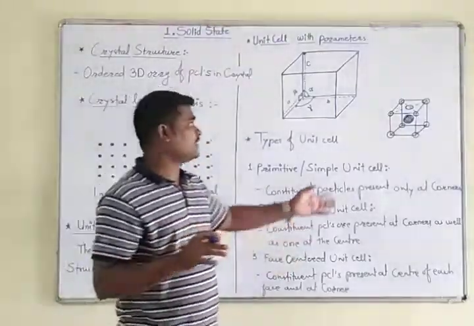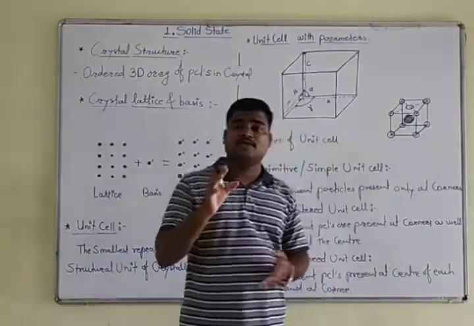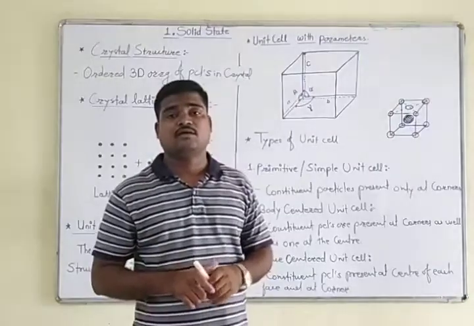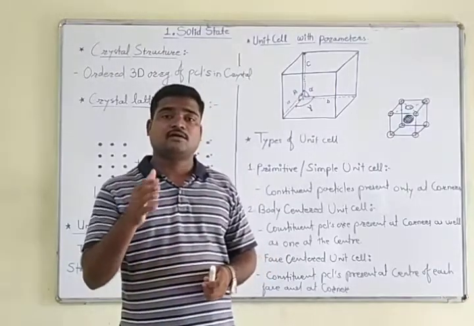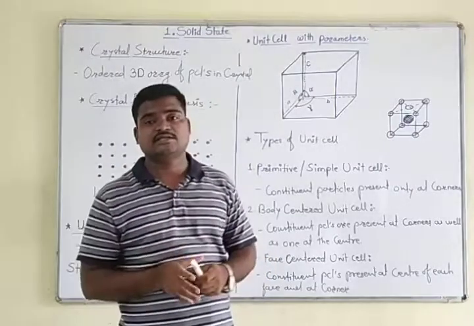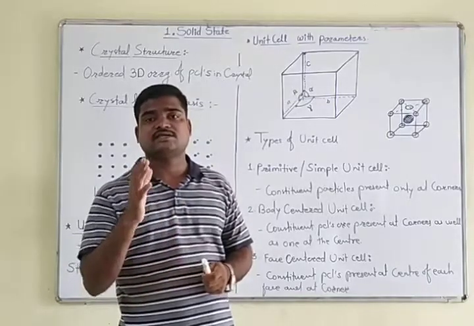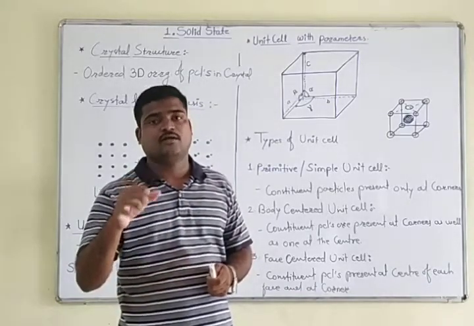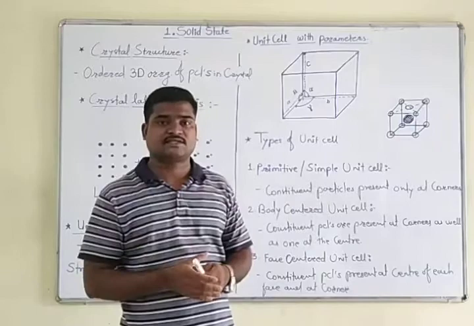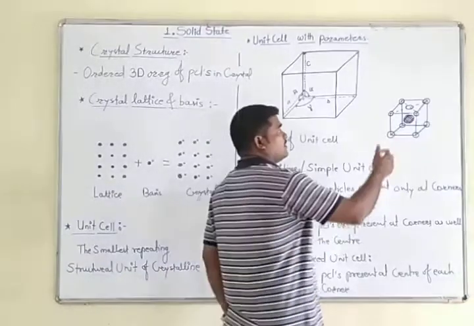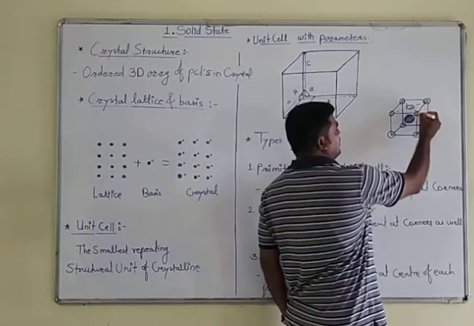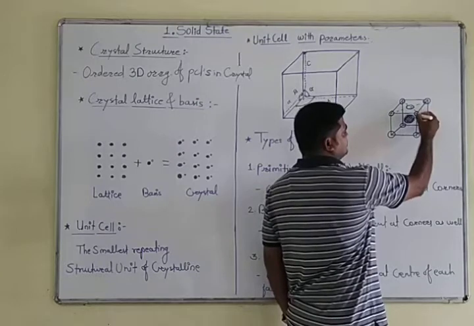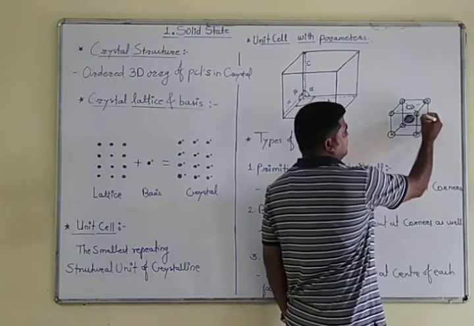Like that, at each and every face there is one atom, but the part of the atom present inside the box is half of each face. Therefore I have shown only one atom like that.